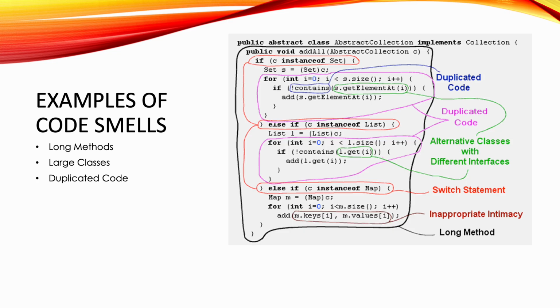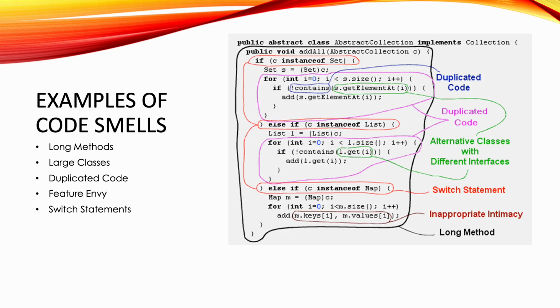Changes have to be made in multiple different places throughout the code. Feature envy. Feature envy often occurs when one class is overly reliant on another class's data or behavior. Switch statements. Switch statements often indicate that polymorphism might be a better solution.